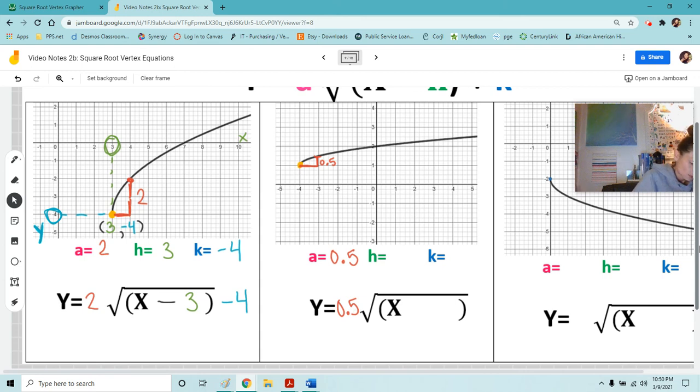All right, so now I'm going to look for my H and my K. So if I look at the x-axis, that matches up with -4. If I look for the k value, that's at +1.